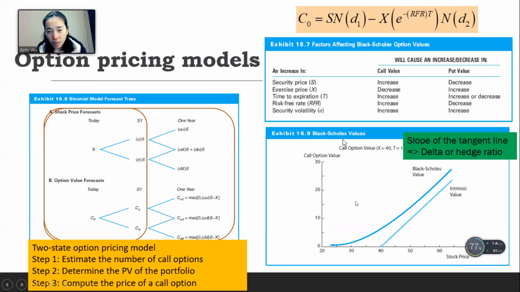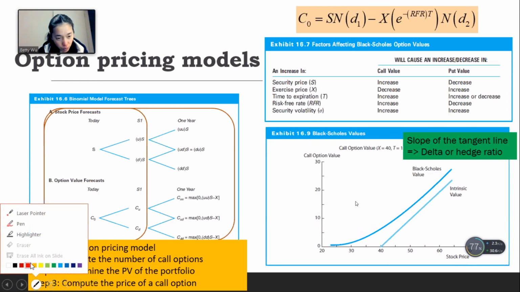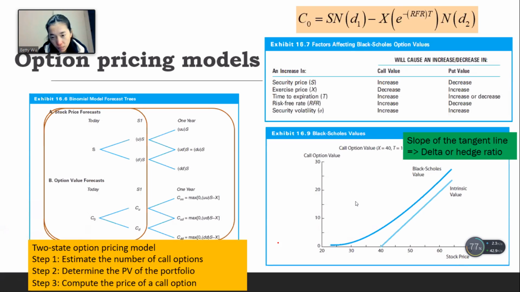All right, so here, Black-Scholes values. This is about a call. So the exercise price is 40. And when I draw intrinsic value, I always like to start with the exercise price, because this is the break-even price, okay?